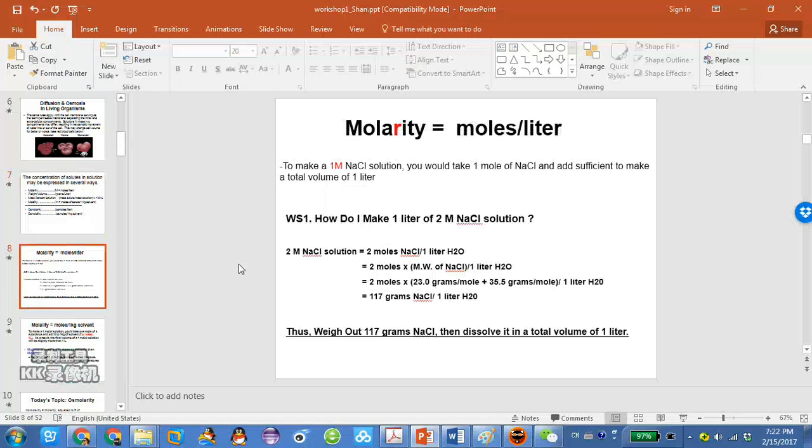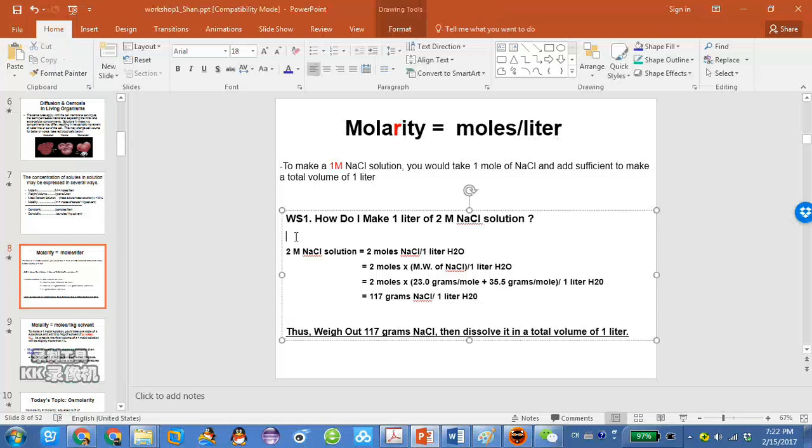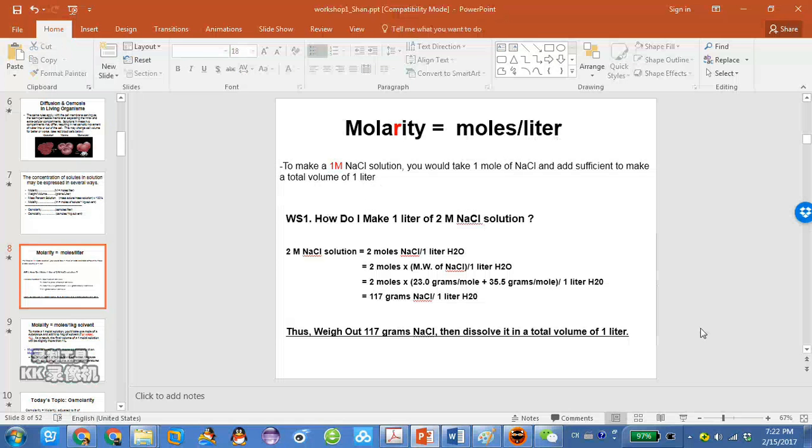So let's look at molarity for review first. Molarity equals how many moles you have in a certain solution over the volume of the solution in the unit of liter. Okay, let's take the first question in workshop 1 as an example.